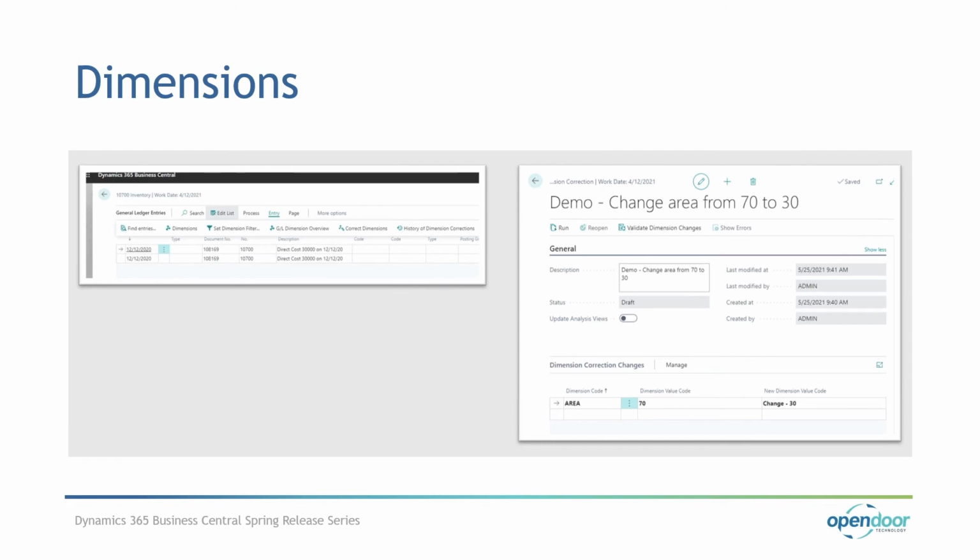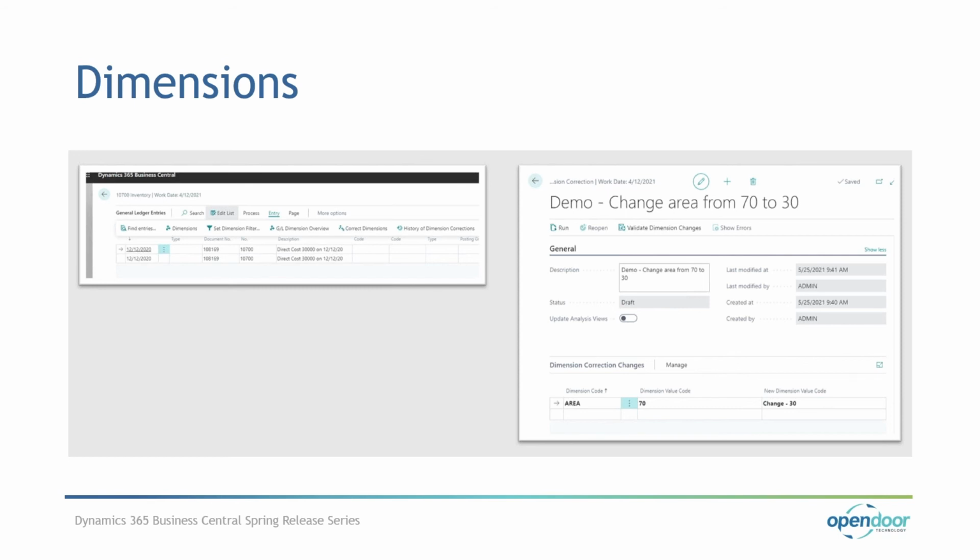So there is no need now to credit and reinvoice, for example, if you want to update dimensions on GL entries. Also, when a dimension is mandatory on an account, you can specify allowed dimension codes. For example, for a specified GL account, maybe I only want specific departments and not all departments to be available for selection. You can now set that with the allowed dimensions function.